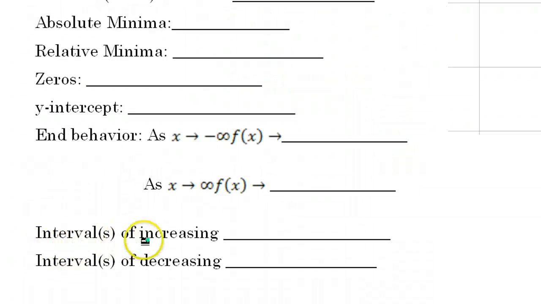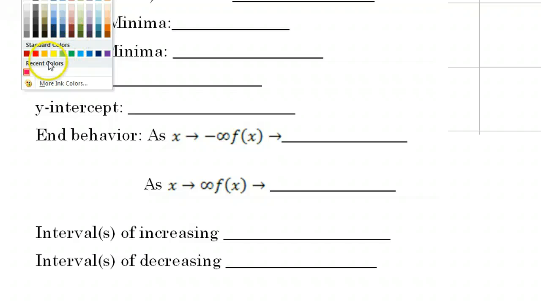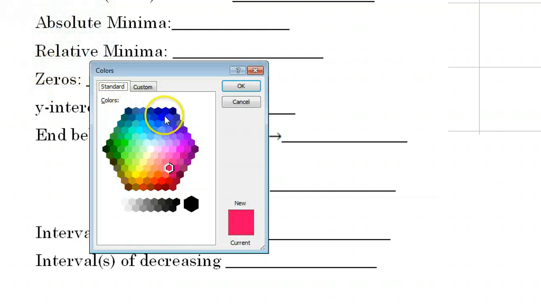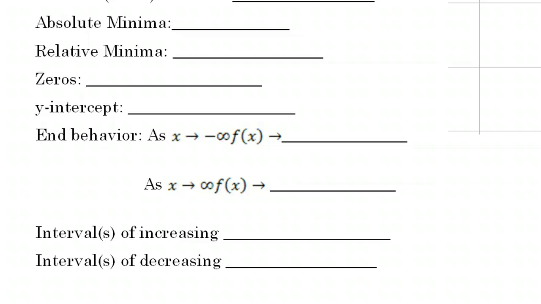Alright, it's time to talk about intervals of increasing and intervals of decreasing. Probably the most important thing for you to keep in mind is that when we're talking about intervals of increasing and decreasing, we are only talking about x values. Alright, it's a lot like domain. We will only be looking at the x-axis.